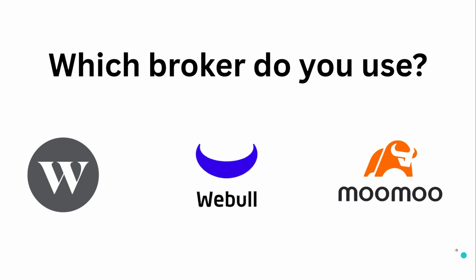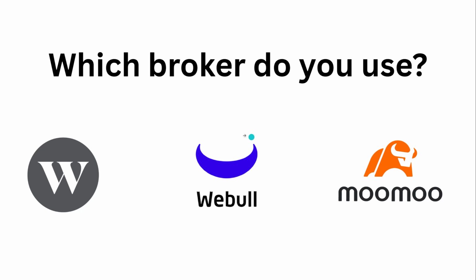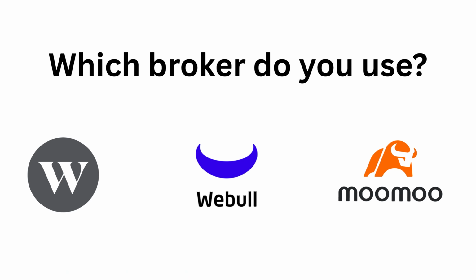We've got Wealthsimple, Webull and MooMoo, and they all have their uses. Which broker you should choose really depends on what you are going to be doing, and they all have very different commission levels and their pros and cons.